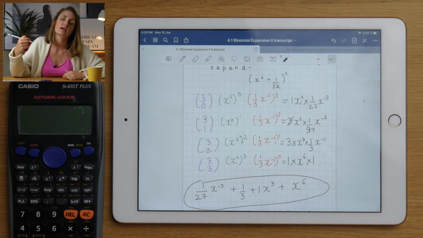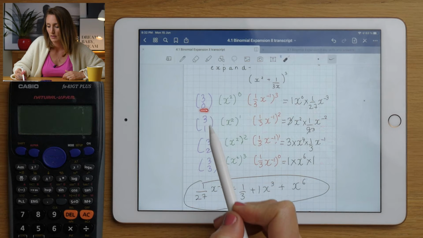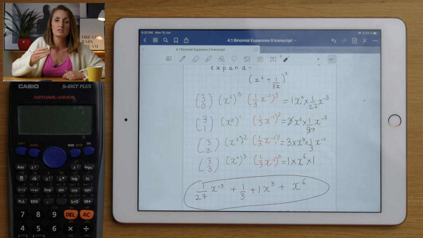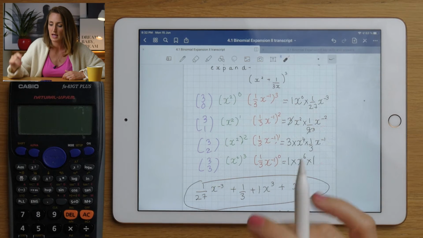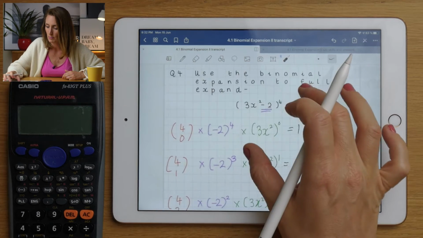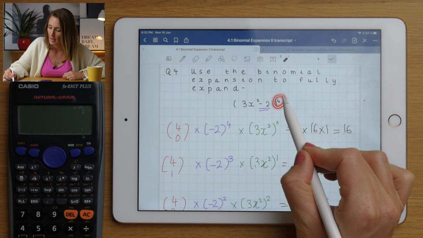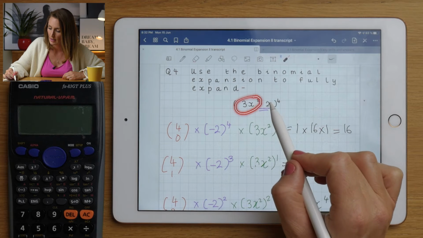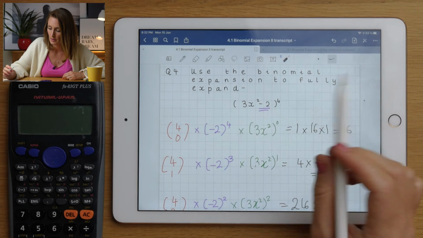And r in this case will change in each line. We always start on r equal to 0, then we go to 1 and 2, and we keep counting r, increasing by 1 each time until we get to n. So if we're looking at this example here, we would have n is equal to 4, 3x squared is a, and minus 2 is b.